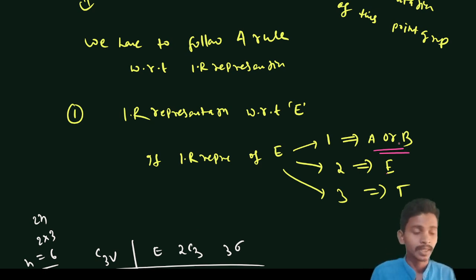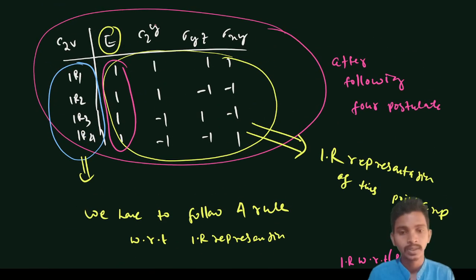So how will you decide A or B? For that there is another rule: the IR representation with respect to the principal axis. Okay, so here the principal axis is C2.